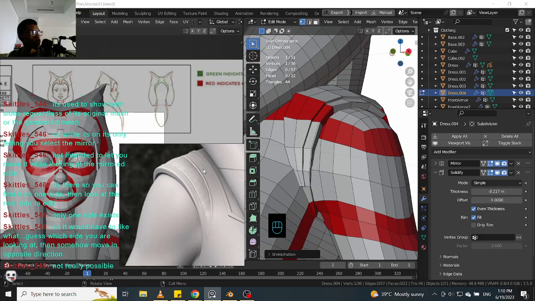Only one side exists, so it would have to guess which side you're working at, and then move in the opposite direction. Not really possible. Yeah, true.